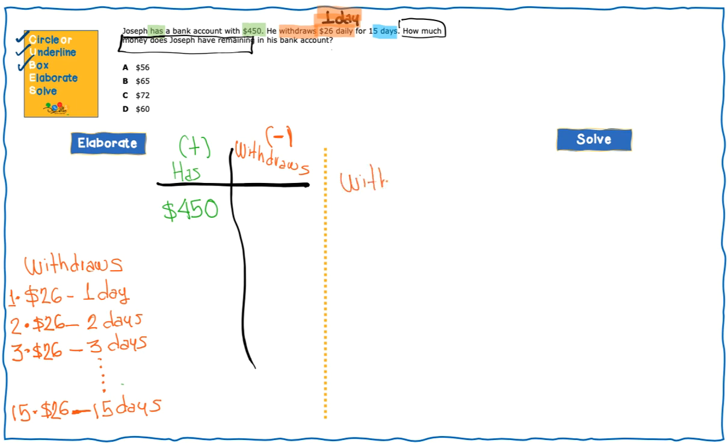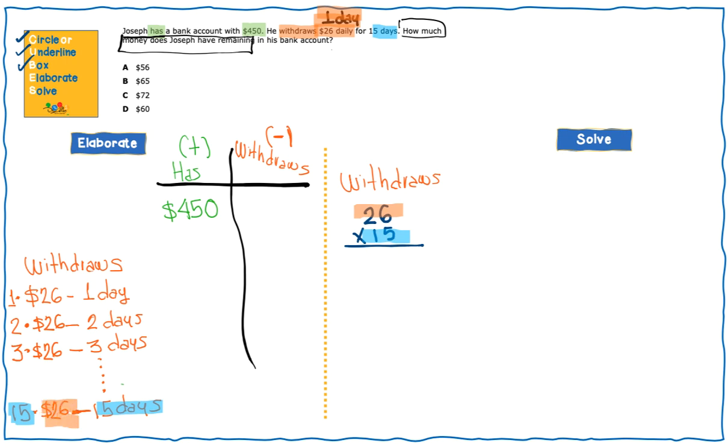This is for the withdrawals, and my numbers are 26 times 15. This 15 is the number of days that we read in the story right here, so all this will be the 15 days. And these are the 26 that we read in the story.